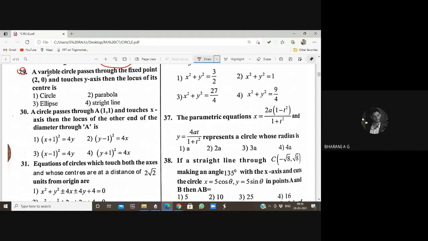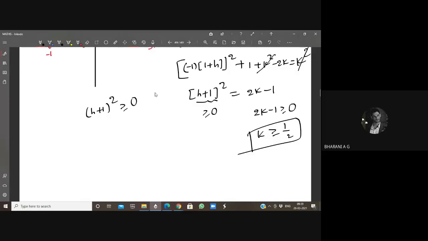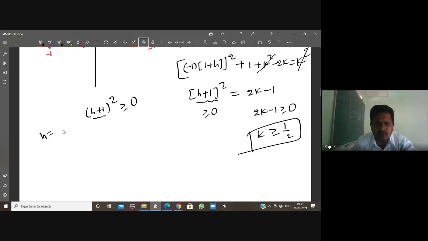Sir, in the last question we simply substituted h plus 1 as 0, sir, as it is greater than or equal to 0? Yes, substitute 0. See, not only that h value; for every h value which belongs to R, h plus 1 whole square is always greater than or equal to 0. Substitute h is equal to minus 1, it becomes 0, so I'm putting equal here.